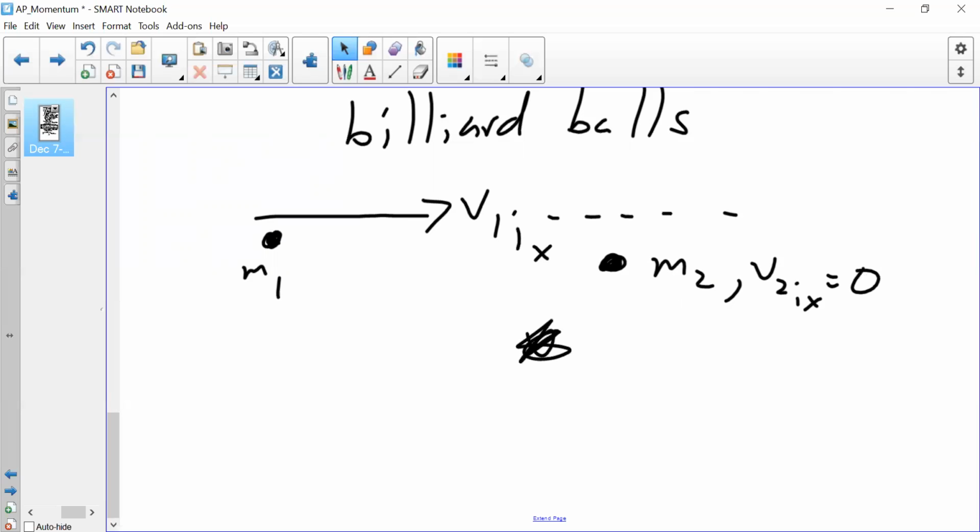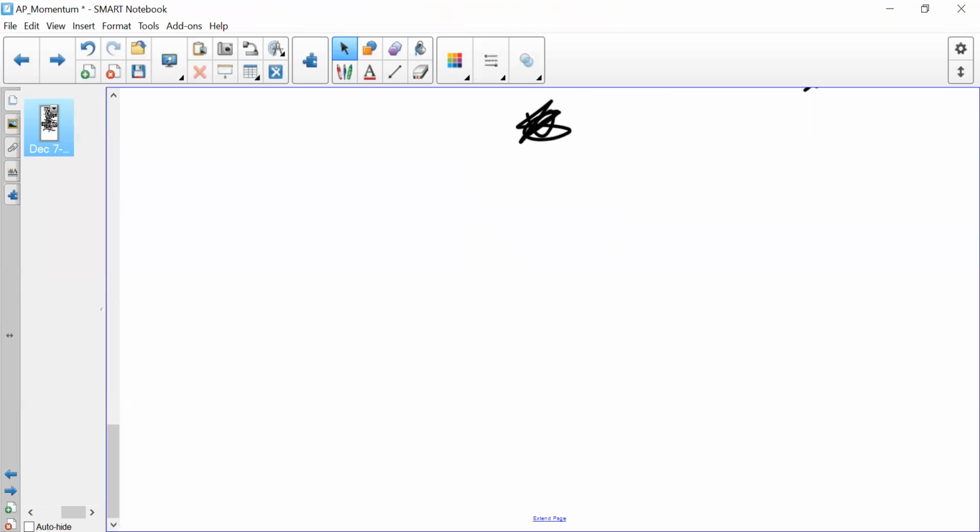After the collision takes place, the situation looks like this. We have V1 final, so it goes off at an angle with the velocity. We know a vector like velocity at an angle has 2 parts to it.